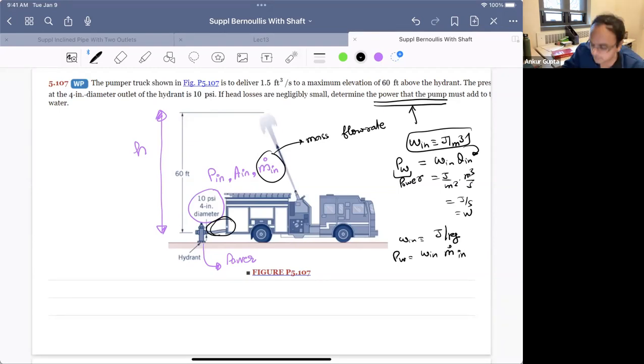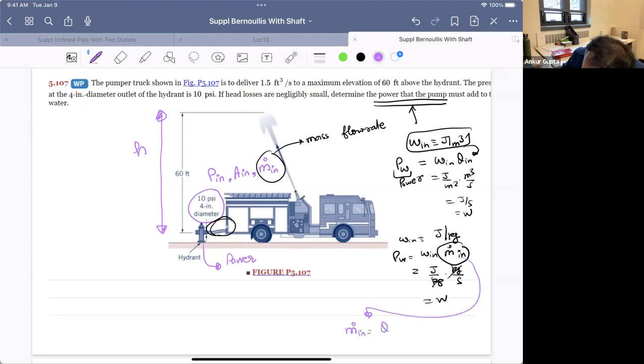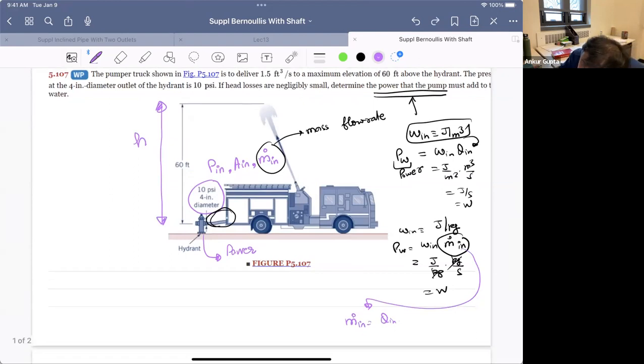Then it will become joule per kg into kg per second, and then you will get watt. And what is this mass flow rate? Mass flow rate is simply Qn times density, right? So just be aware of these units so that when you're doing any problem, you are clear.